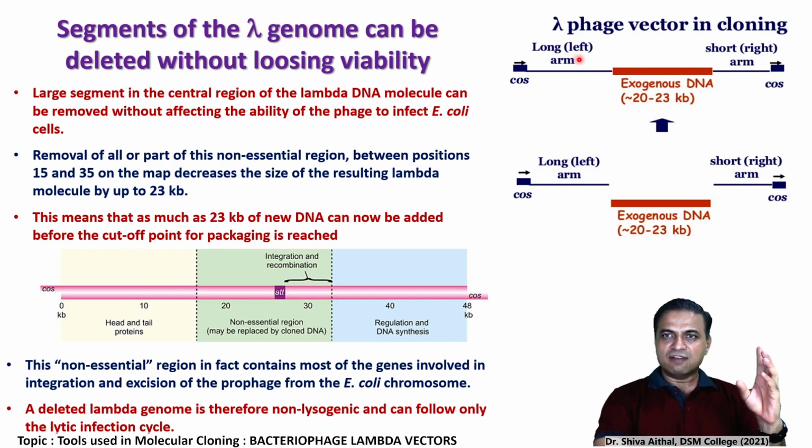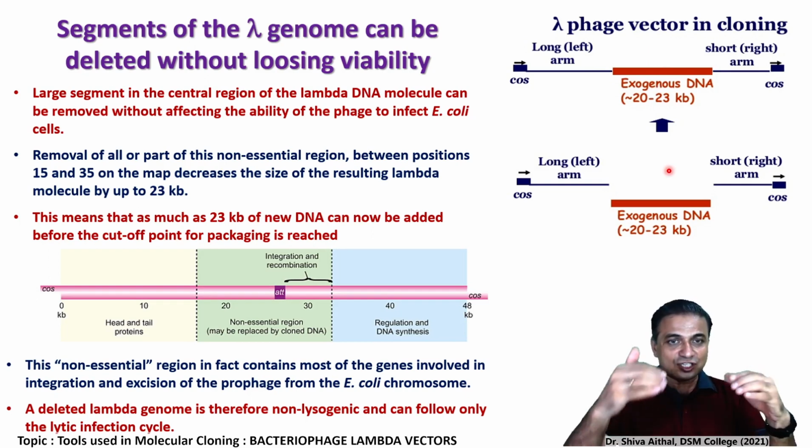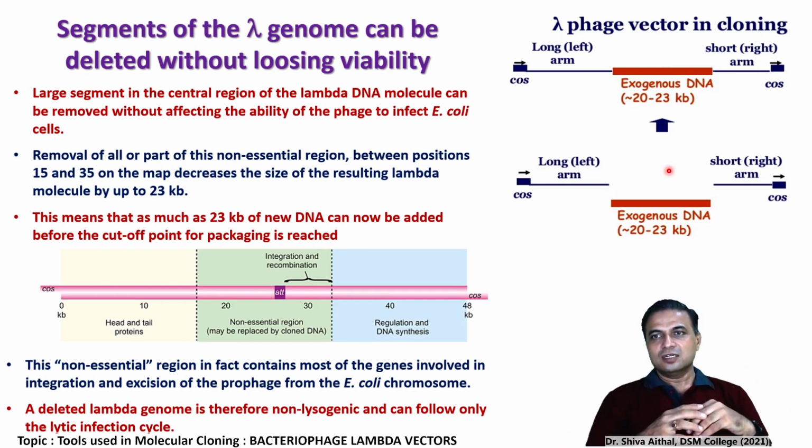In between the left long arm and the right short arm, there is exogenous DNA which can fill the stuffer region, which I call the non-essential region. It can be removed. This non-essential region in fact contains most of the genes which are involved in integration and excision of the prophage. Think about it.